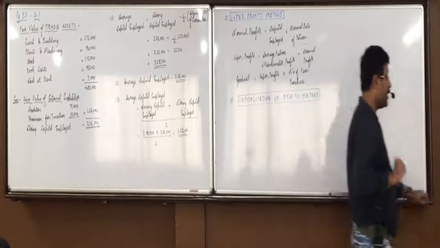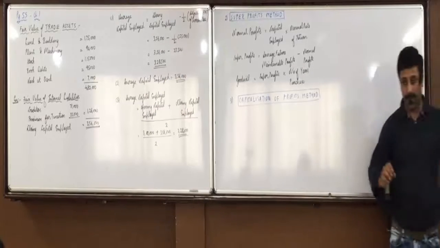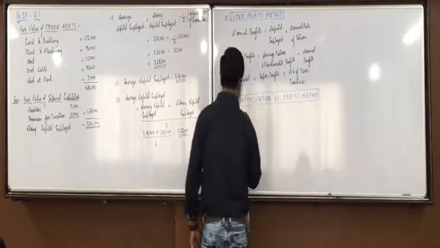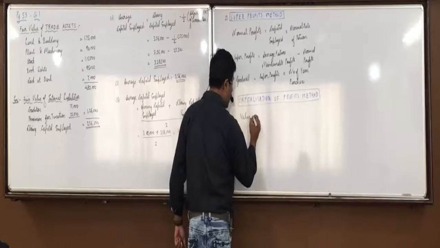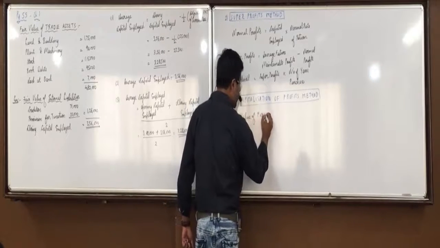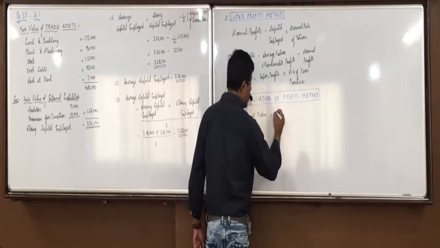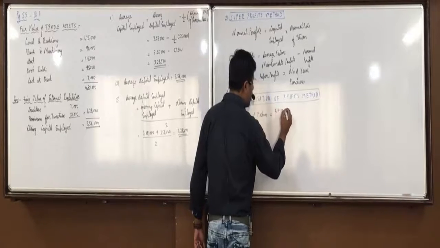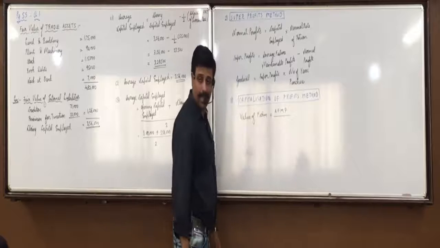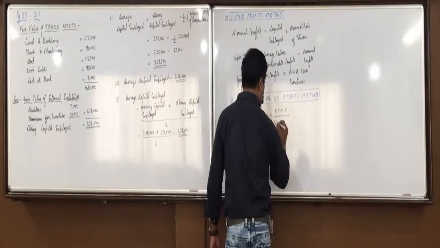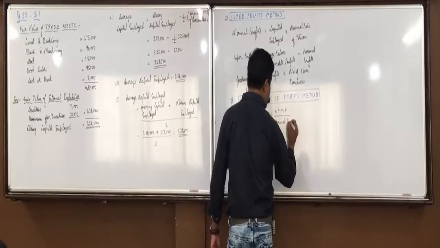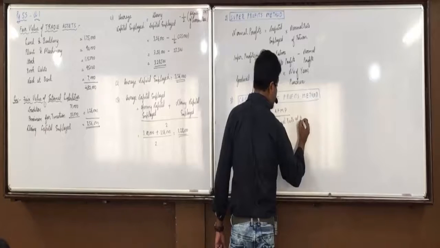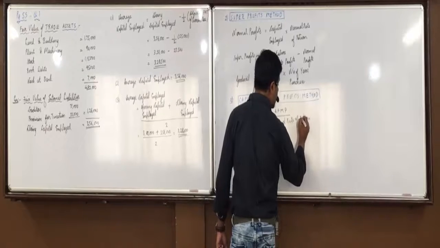What we do here is, first we do capitalization of profits, which means first we find the value of the firm. What would have been your value of firm? Average future maintainable profits, which are 1 lakh, divided by normal rate of return, which is 15%, into 100.